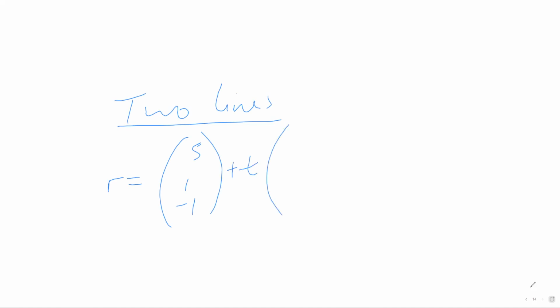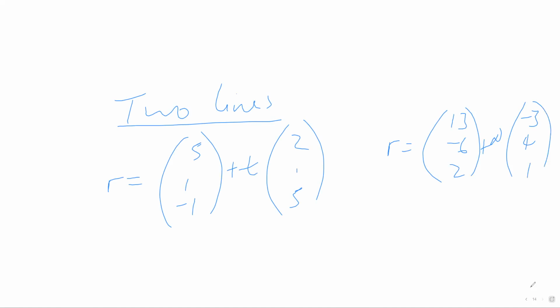So we have two lines here. We have this one, given by (5, 1, -1) plus t(2, 1, 5). We have another line, given by (13, -6, 2) plus mu(-3, 4, 1).